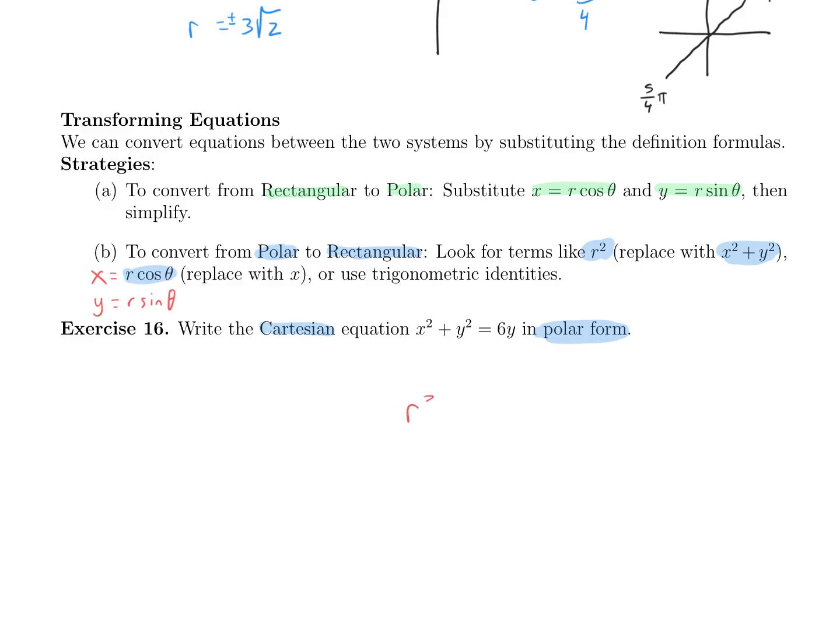R squared equals 6y. All I did was replace x squared plus y squared with r squared. The next thing I can do is replace y with r sine theta. R squared equals 6r sine theta. However, we're not done.